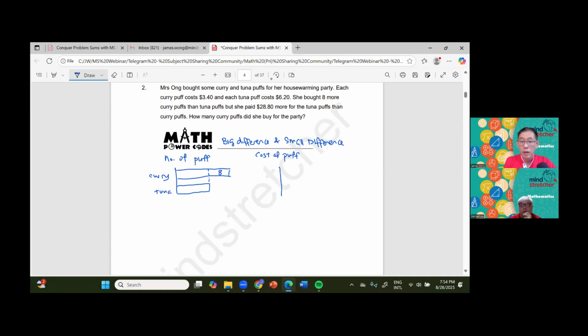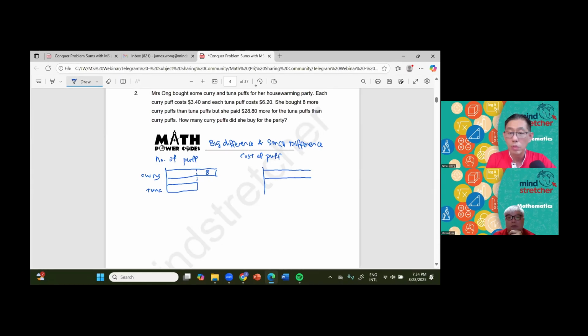So this is how it looks. My curry puff, the amount that I paid in total is lesser than the tuna puff. So my tuna puff is going to be longer, because I paid more. This is my tuna, and this one is my curry puff.